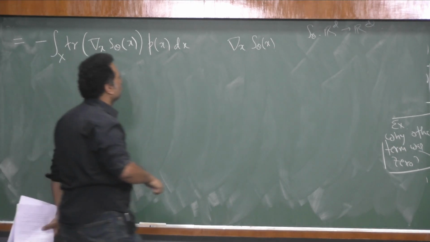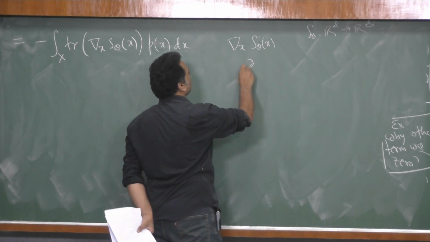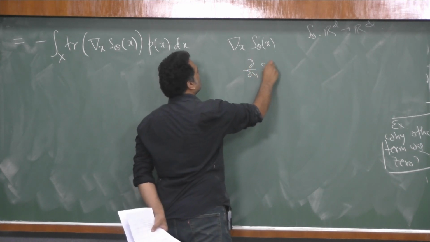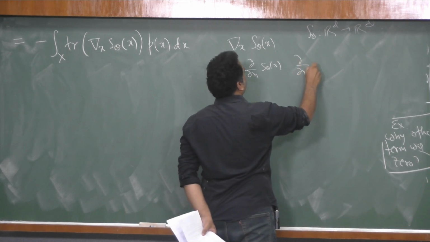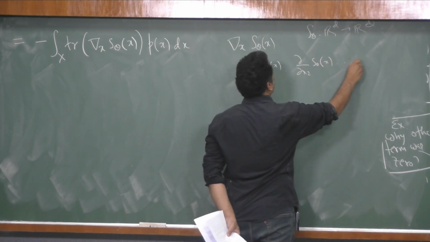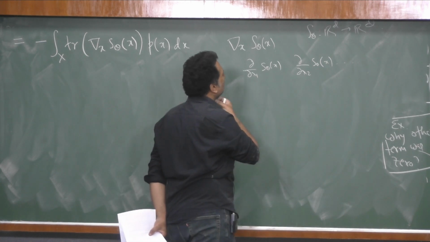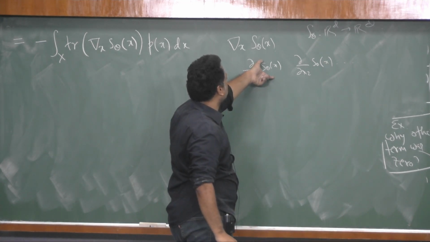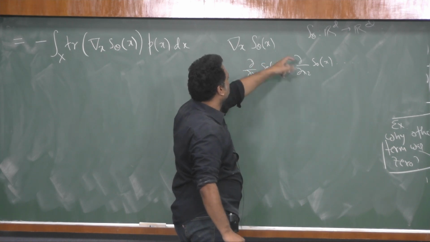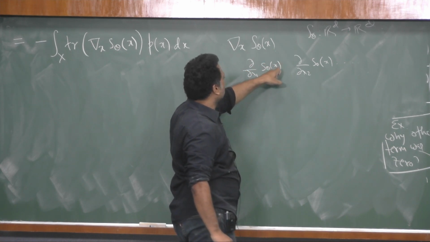It's a calculus thing. So del by del x1 of s theta x, then del by del x2 of s theta x, and so on. And these I also have to denote in the form of components 1, 2, 3 and so on.